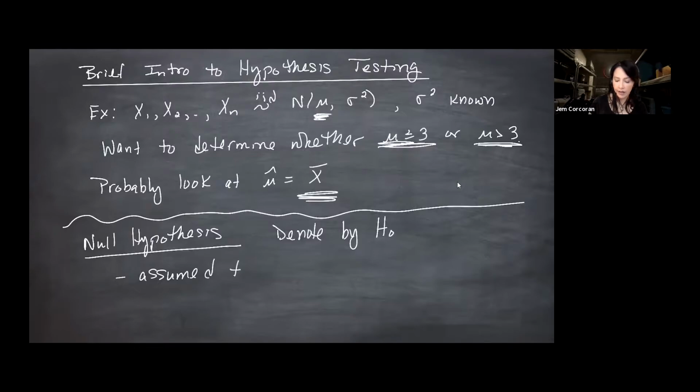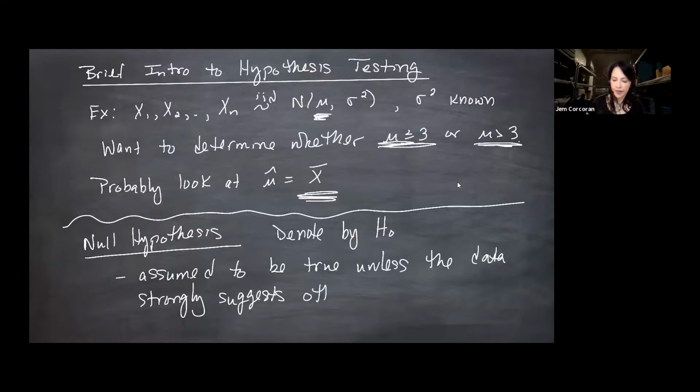You never really prove that a null hypothesis is true. You assume it's true, and you look at the data and you see if you have strong evidence to not believe it's true. So assume to be true unless the data strongly suggests otherwise.